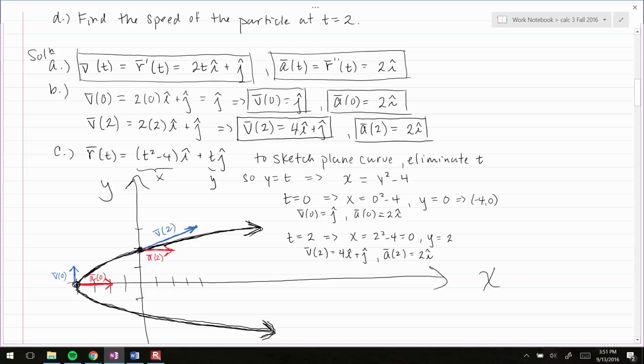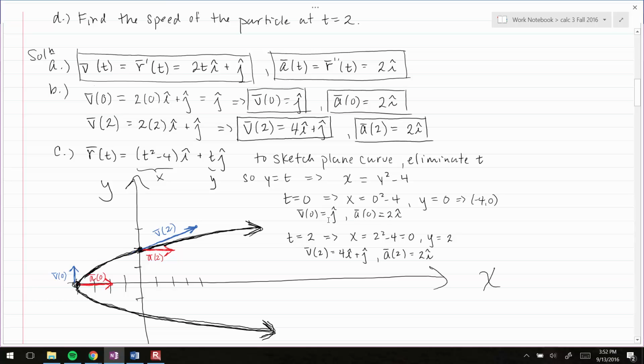So for this one, again, we're looking at -4, 0, which is right here, and that actually can help you even sketch that curve too. And so our velocity vector is just 1 unit up, and our acceleration vector is 2 units in the i, or 2i.